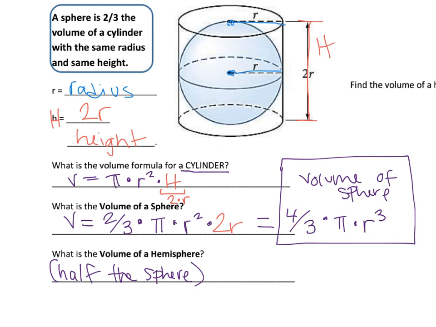That's how it simplifies. So the volume equals 2/3 times pi times the radius cubed. And that is the volume of a hemisphere. Put a big old box around that.